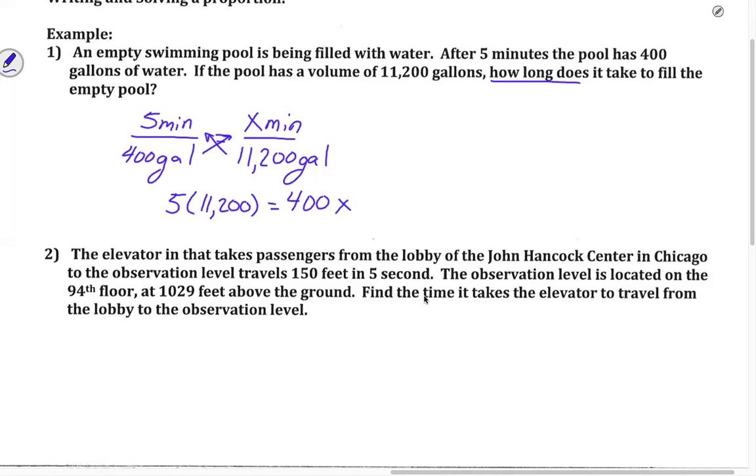Now, I multiply these out and I get 56,000 equals 400x. All right so far? Now, don't tell me the answer. To get my answer, I must divide by 400.